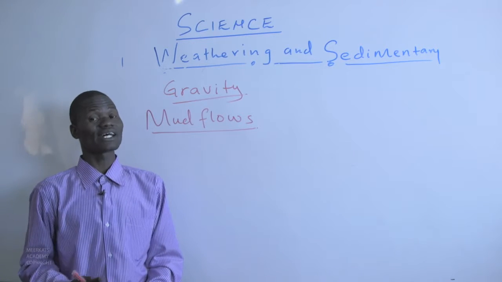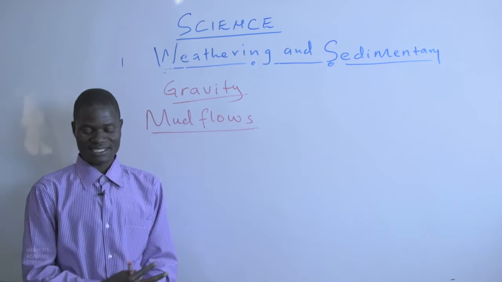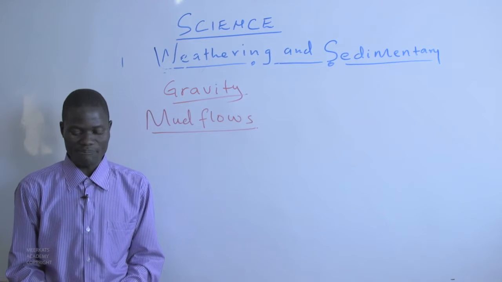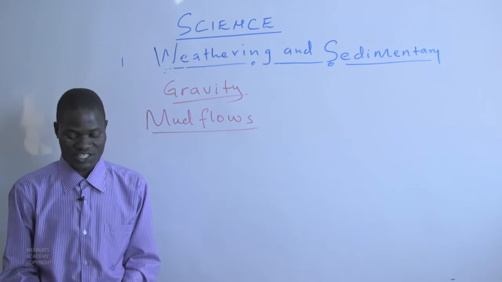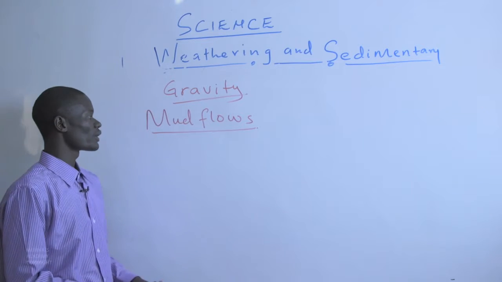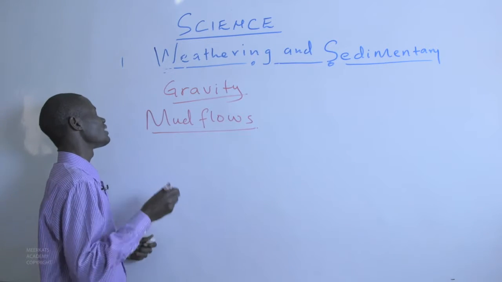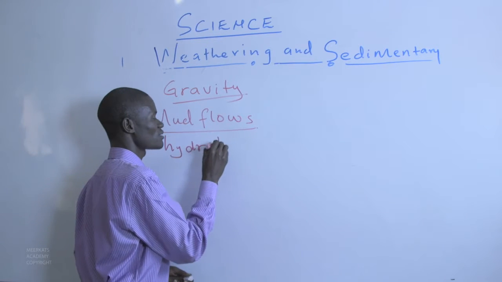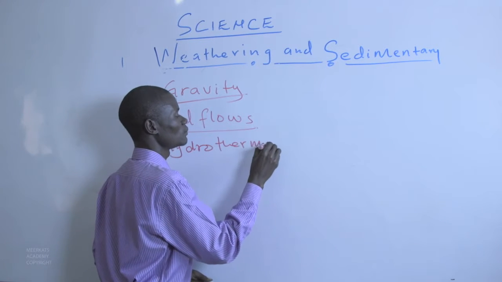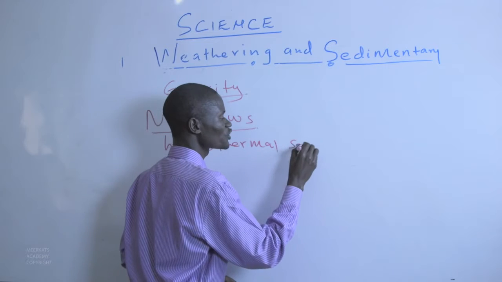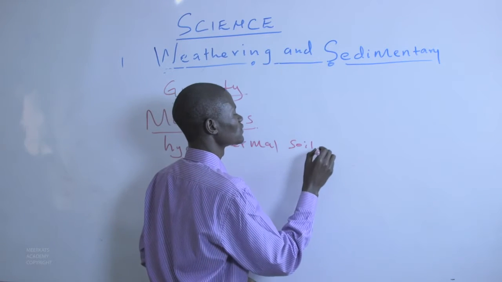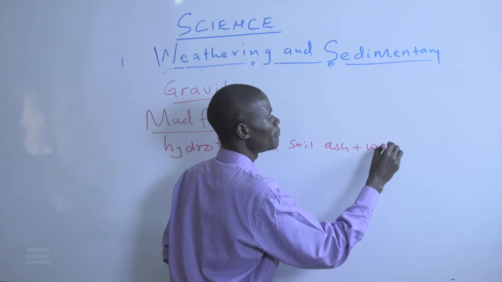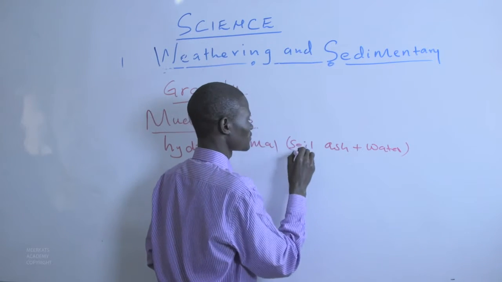But immediately when rain comes, there is excess water. Those materials are mixed with water, such as ash and soil. We look at the soil, and then we have ash, and it is mixed with water.